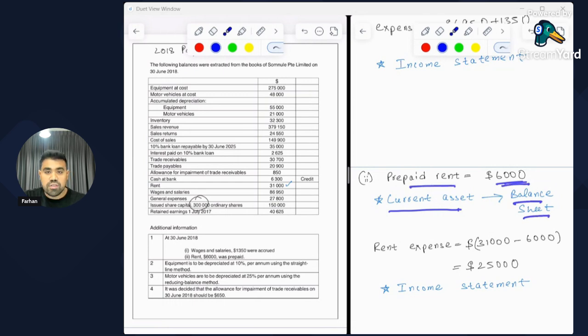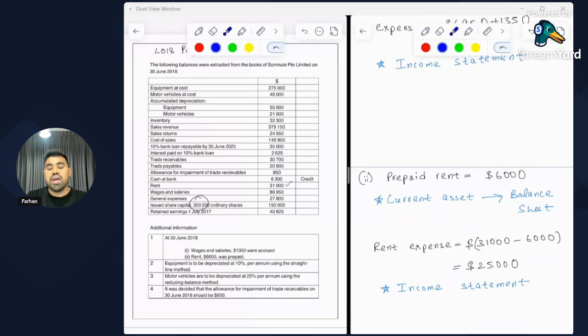Now, what about the rent expense that we include in the income statement? Now, the total for rent that we are given in the trial balance is $31,000. Now, this $31,000 also includes the $6,000 of prepayment that we have done. Now, the total rent expense needs to exclude this rent that has been prepaid because the prepaid rent doesn't relate to the financial year ending 30 June 2018.